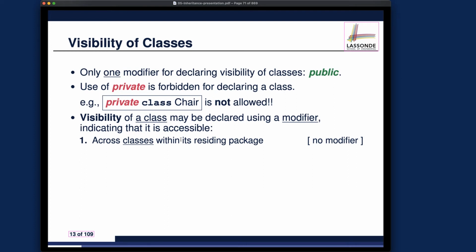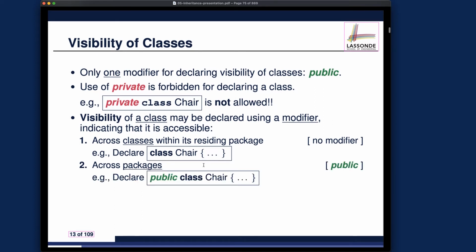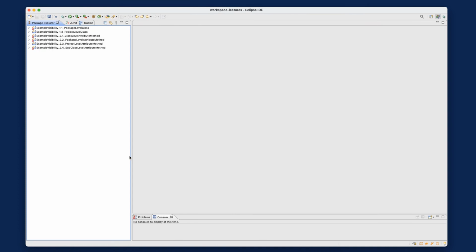Either you simply say class chair over here. In that case, this class is visible inside its residing package. On the other hand, if you actually want to say, I want the class to be visible across all the packages in my project, in that case, you will need to use a public modifier like this. Okay, that's the difference. Let's now see the Eclipse project to show to you.